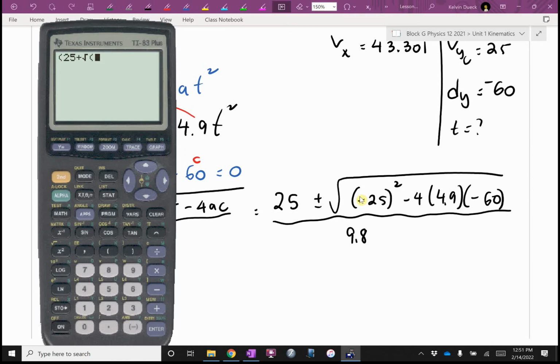I'm not even going to bother typing it, because that requires brackets. I'm going to type positive 25 squared because I know that's the same answer. Minus 4 times 4.9 times negative 60. Close off the square root. Close off the top. Divided by, and since there's only one thing on the bottom, I don't need brackets around the bottom.